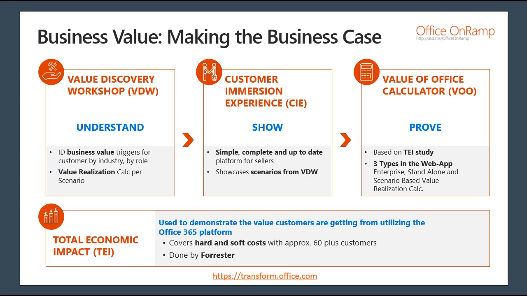All of these have something called the Total Economic Impact, or TEI study, underneath that. The TEI study is done by Forrester, a third party for us, and perhaps for a lot of you out there as well.